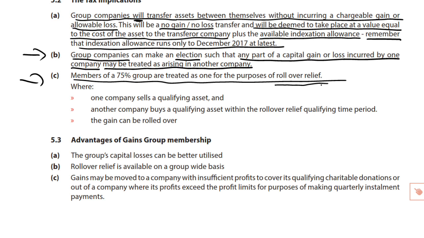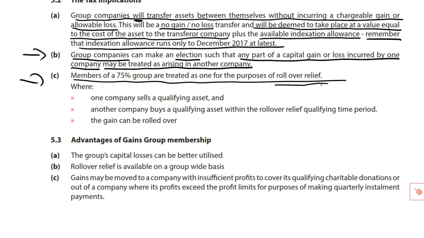What this is now telling you is that when we have the disposal by a gains group member of such a qualifying business asset, the purchase of the qualifying business asset within again the qualifying time period need not be by the same company, the one that made the gain. One gains group member sells a qualifying business asset and a different gains group member buys a qualifying business asset.